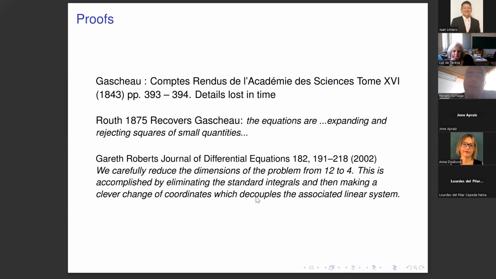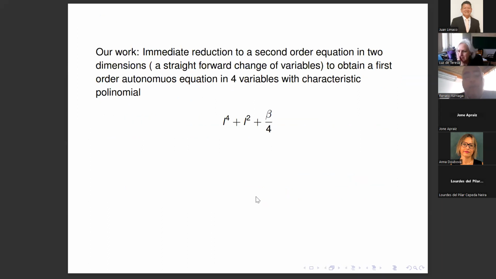Well, the decoupling that he does is the same that we do, but in a very strange and difficult way, with a very clever and mysterious change of coordinates. And so this also takes a number of pages of computations to prove it.